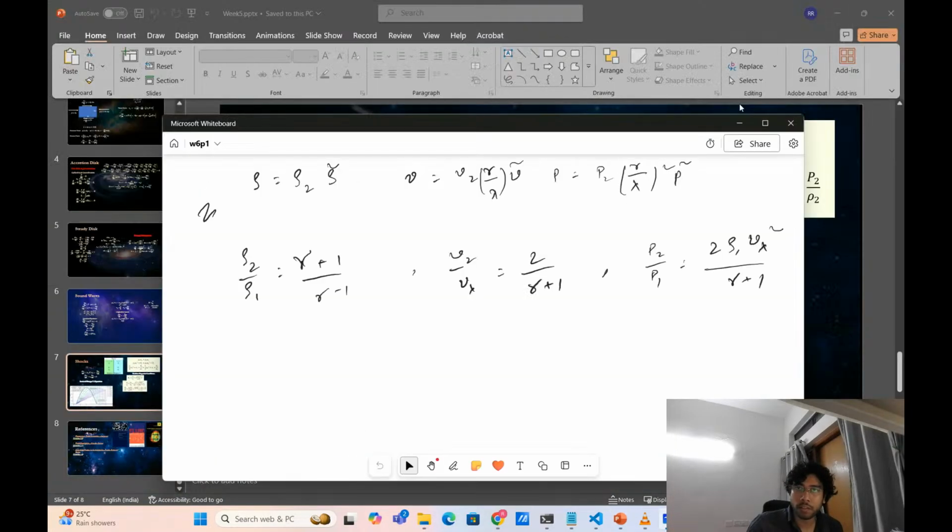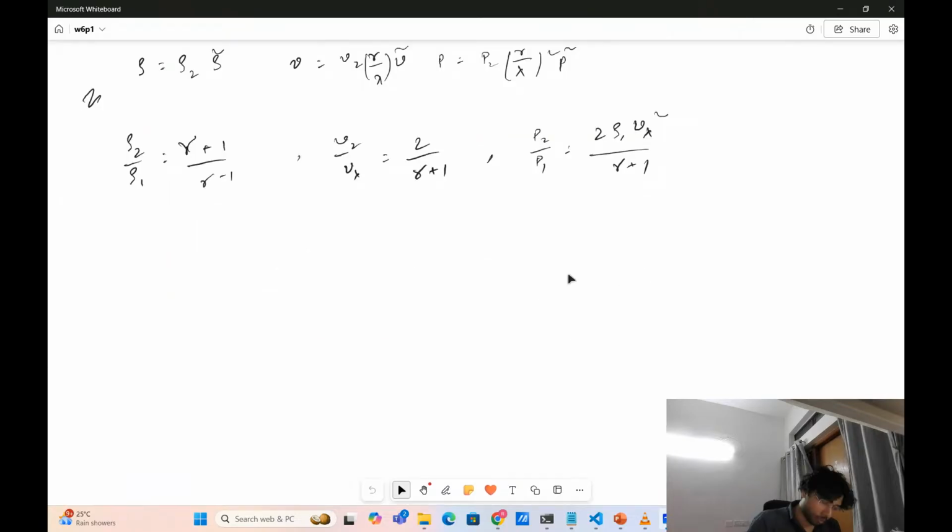So these are our assumptions, the change of variables that we did, and in the second line, we have the conditions that we obtained from the RH equations.